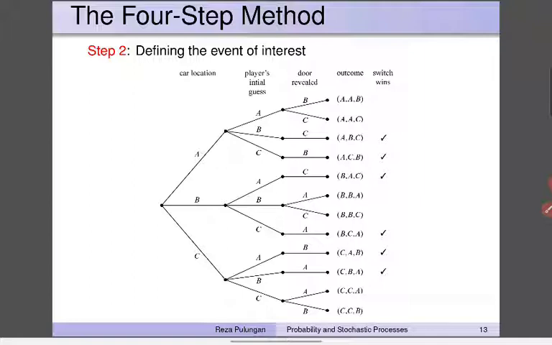Originally the car is put behind door A, and then the player selects B, and then the host opens door C. The doors that are not open yet are A and B, and now if the player decides to switch, then she must switch to A, and if she switches to A, then she gets the car, which means that she wins.